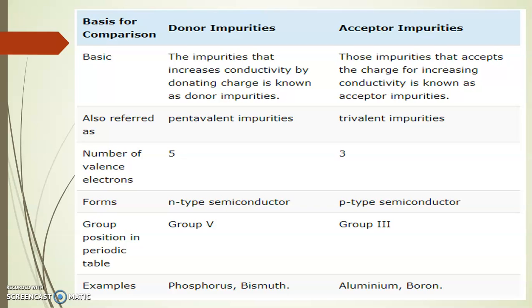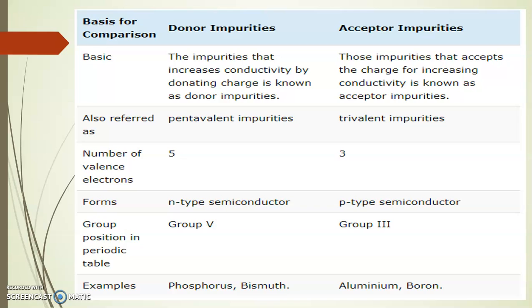And a semiconductor's property lies between these two. Semiconductors are of two types, intrinsic and extrinsic. Intrinsic means the pure form of the semiconductor. Extrinsic means if we add impurities to it, it is known as an extrinsic semiconductor.